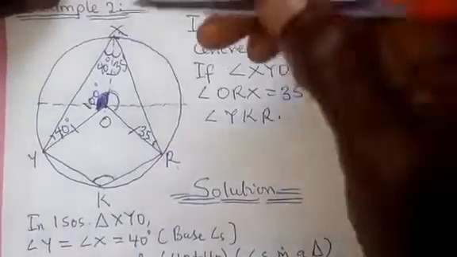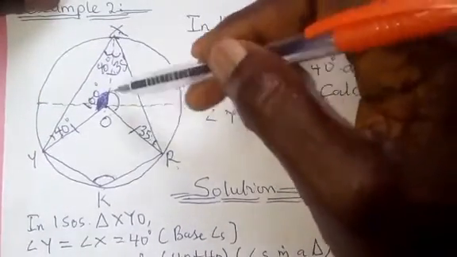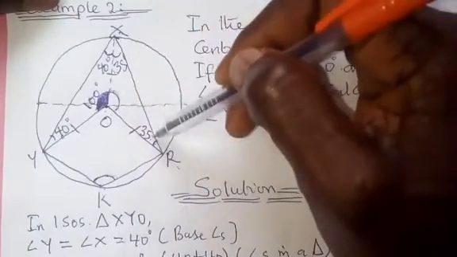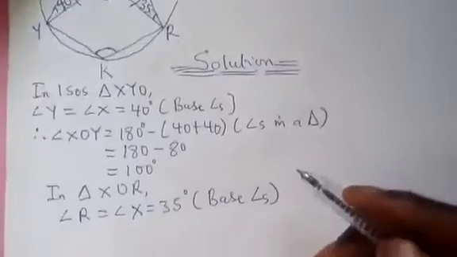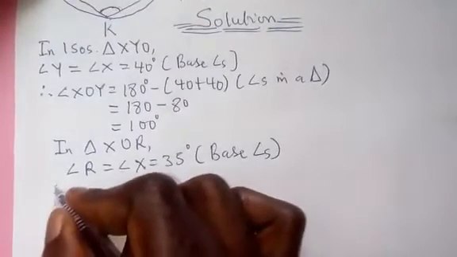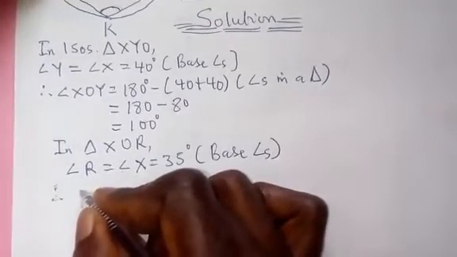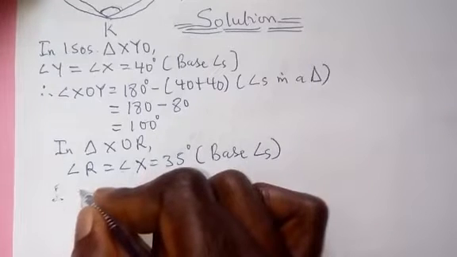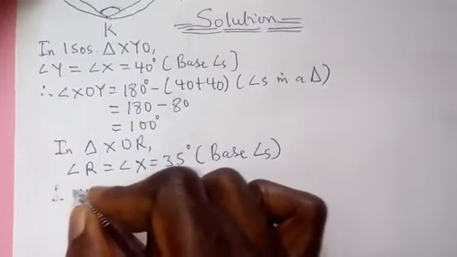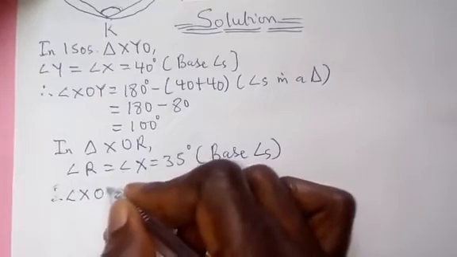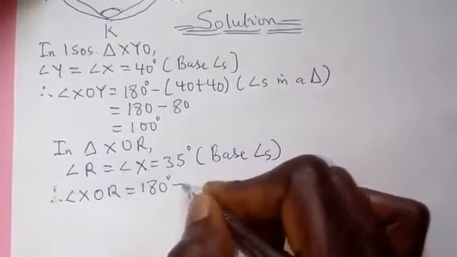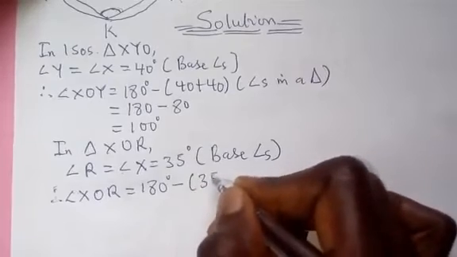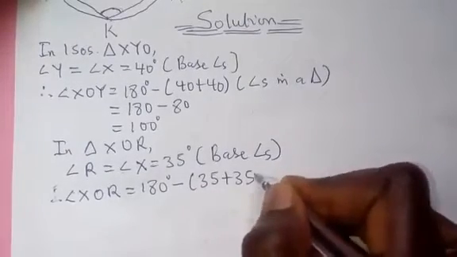So now we know the two base angles. We are going to get the third angle by adding them up and subtracting the result from 180, which is the sum of angles in a triangle. So we can say, therefore, our angle XOR will become 180 degrees minus 35 plus 35.